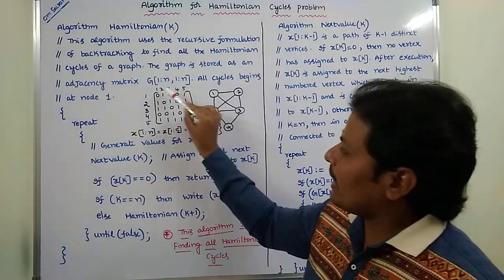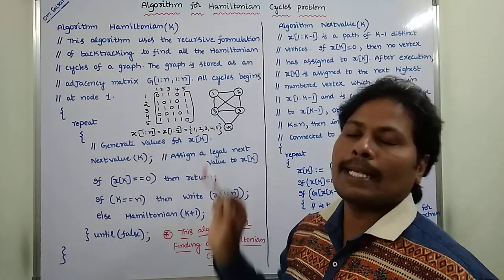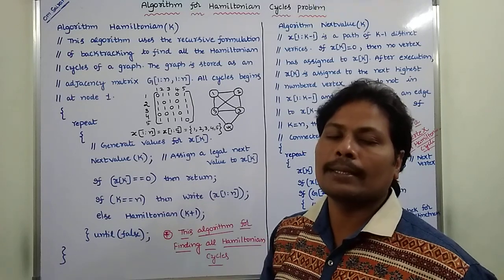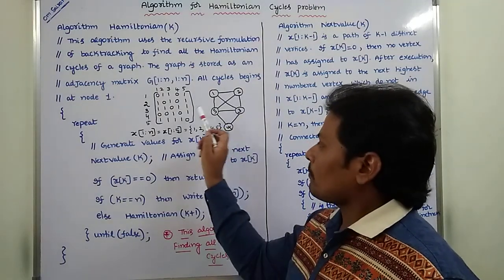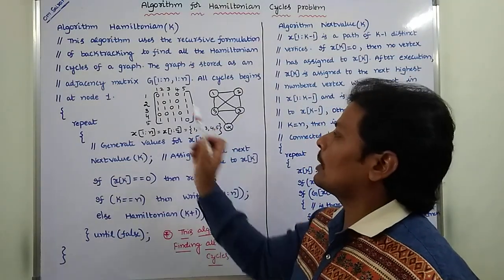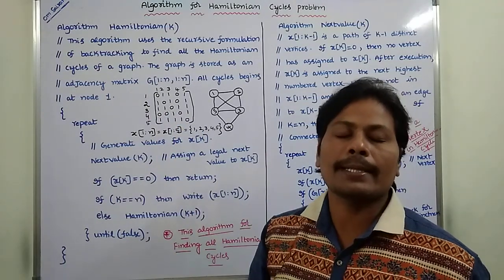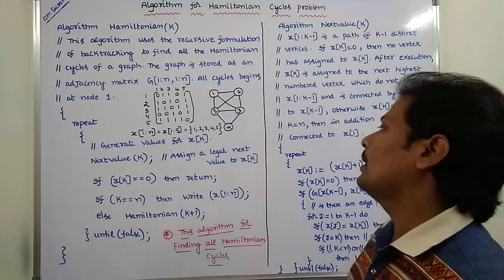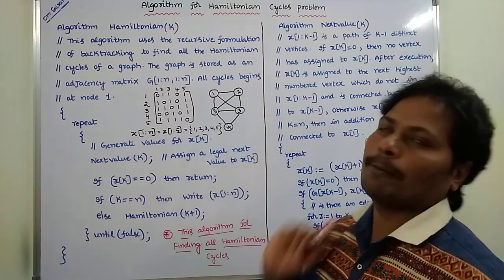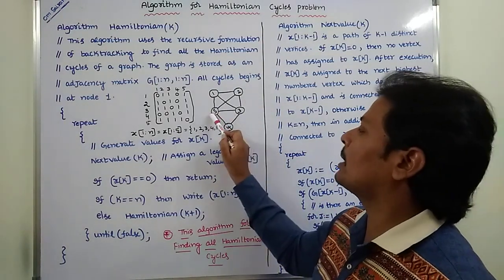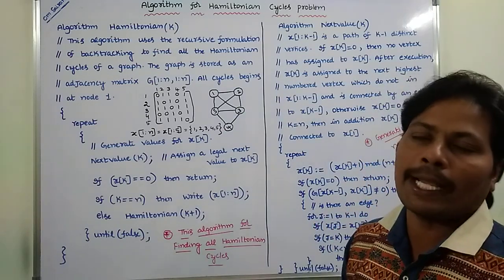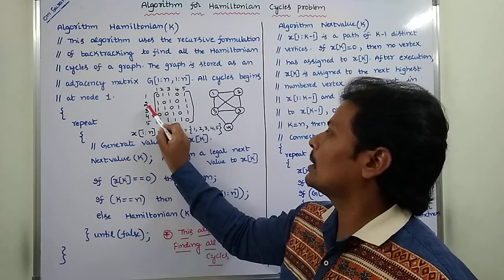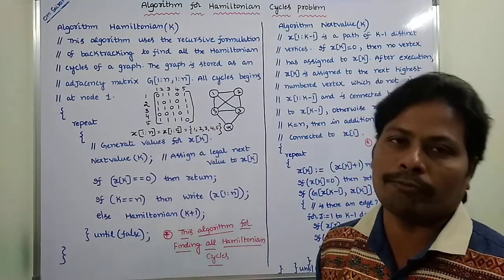This means in the adjacency matrix, the value 1 represents that the two corresponding vertices are connected by an edge. For example, 2 comma 5: vertices 2 and 5 are connected by an edge, and the corresponding value is 1.